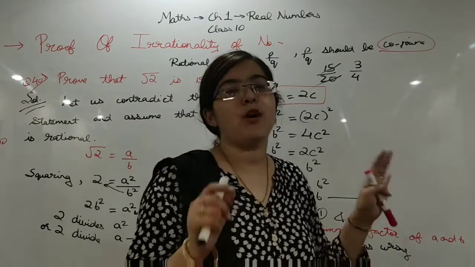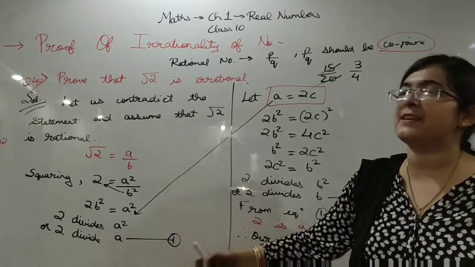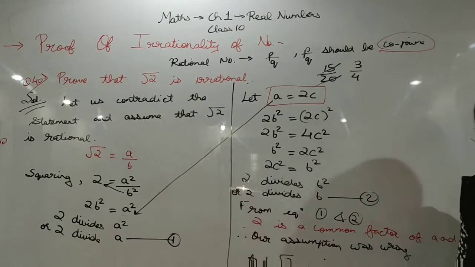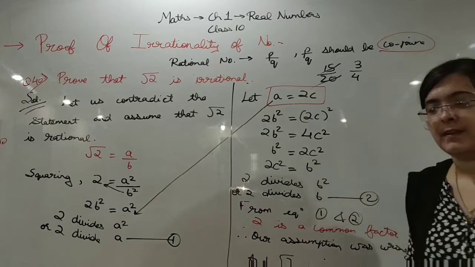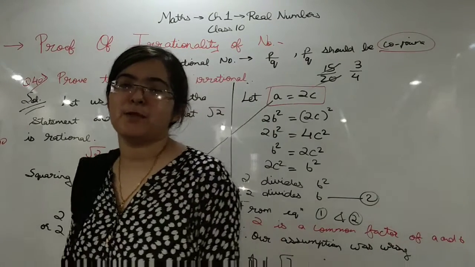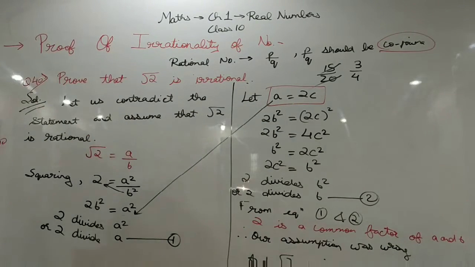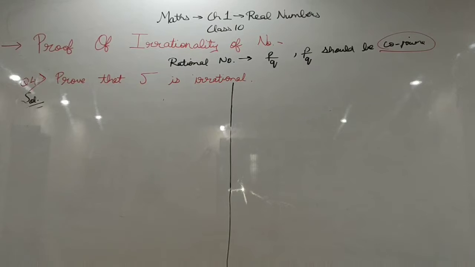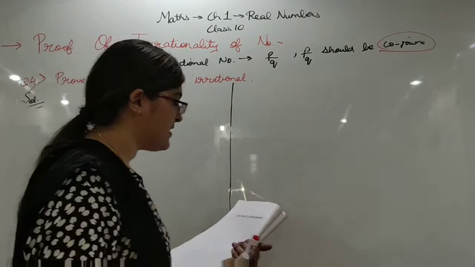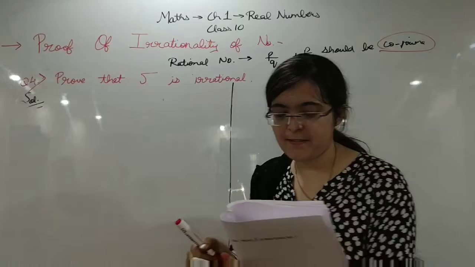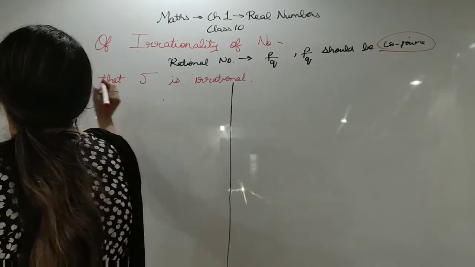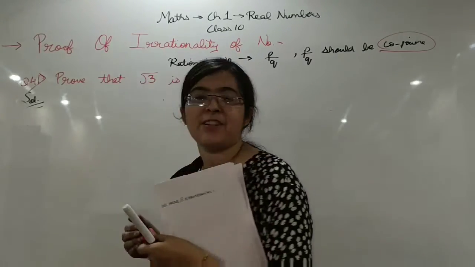Okay students, pause the video. First look at the steps carefully. Look at all the steps and then note it down in the space given in your question booklet. After question 40, see question number 41. It is proved that root 3 is irrational.